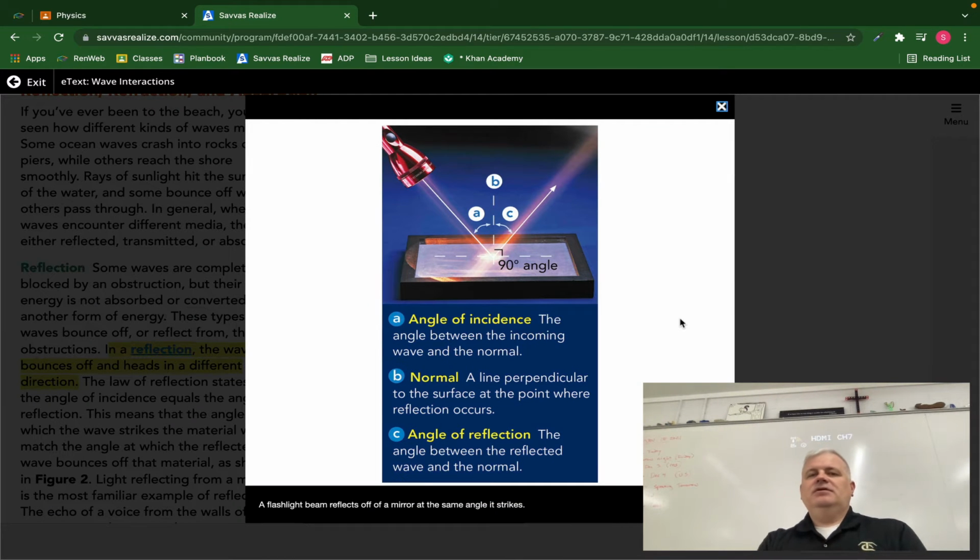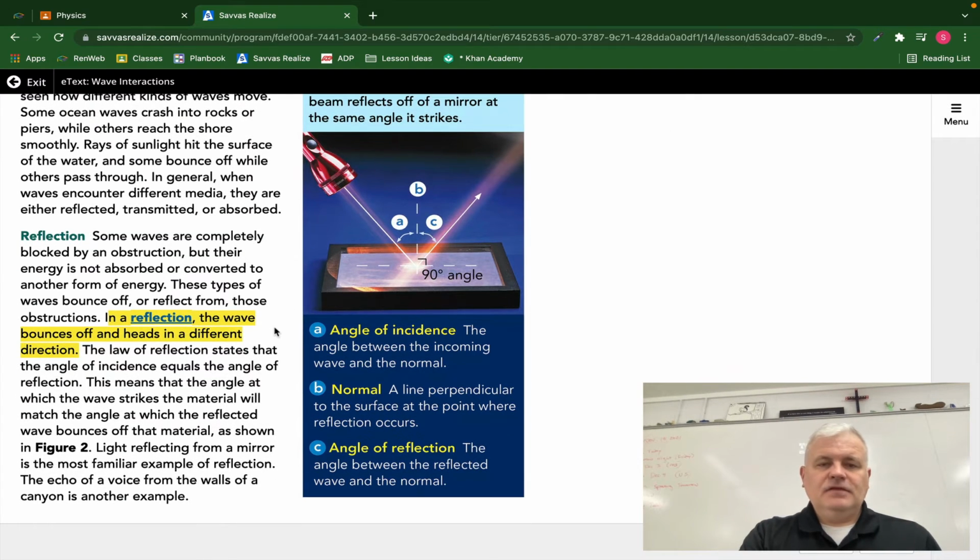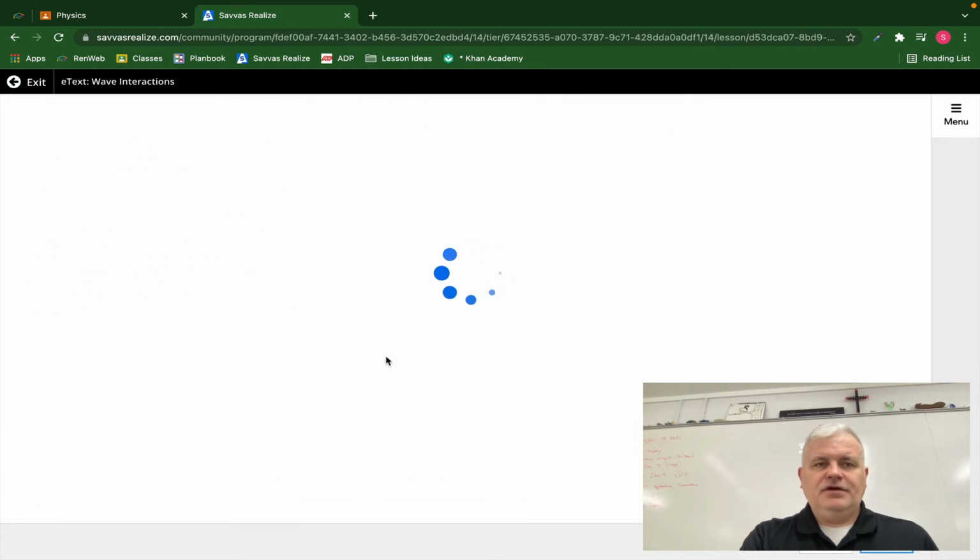So it doesn't always have to be 90 degrees, but for our purposes, it's always nice to have that. But we will have some examples where your angle of reflection is going to be different based on the type of wave or the type of property, especially with sound. So angle of incidence, the normal, that line in the middle, and the angle of reflection. So that's our little bit on reflection.